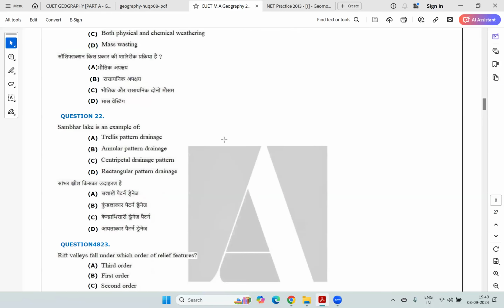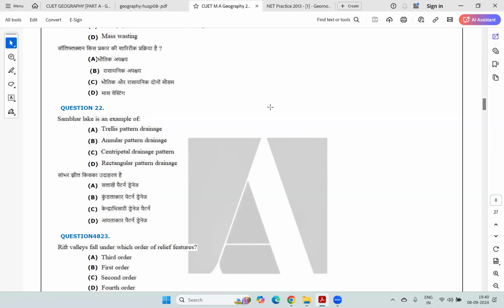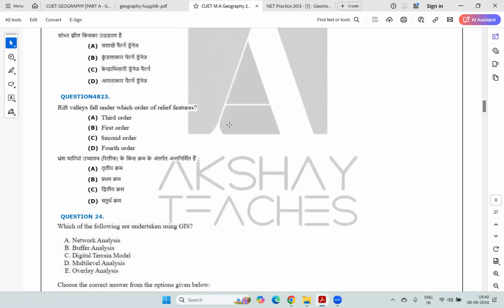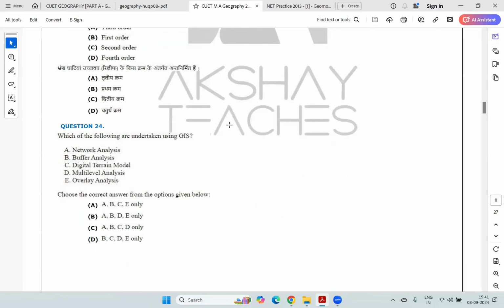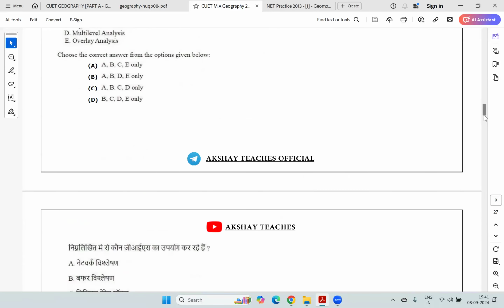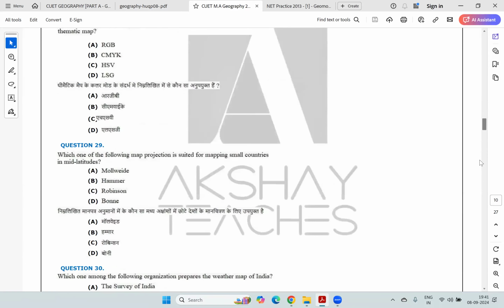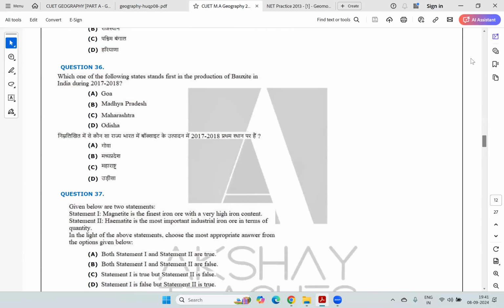Then, Sambhar Lake is formed by what type of drainage pattern? So these things you have to look at. Rift valleys, right? These are the questions that you will have. And as you can see, there is a wide range of questions from the different parts of geography, so there is no option for you to leave out any one part of the subject, right?